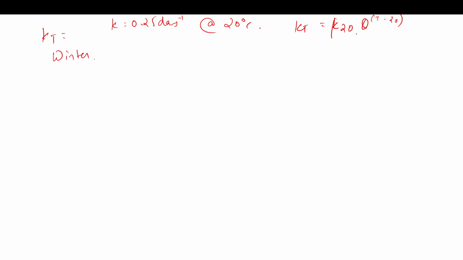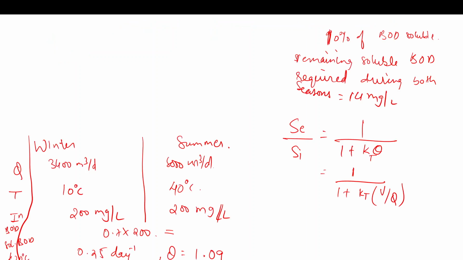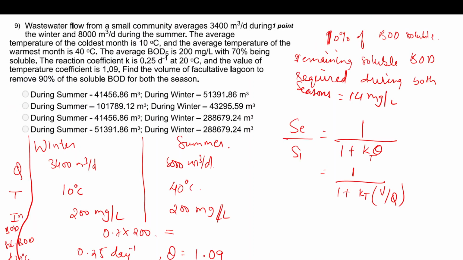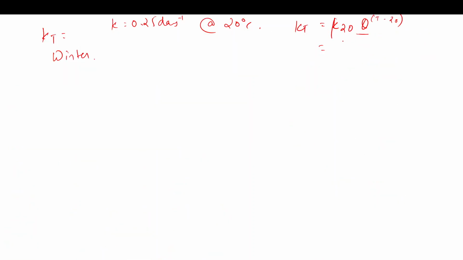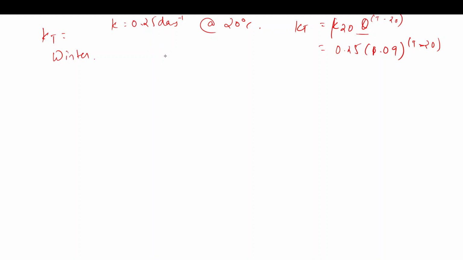Here this factor is given to you as 1.09. So if we put in the values, 0.25 times 1.09 to the power T minus 20. Let's calculate for both the seasons.